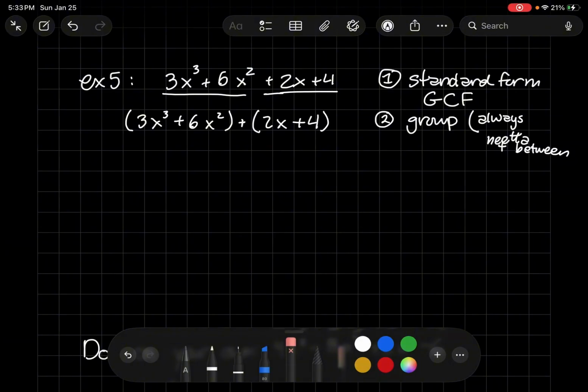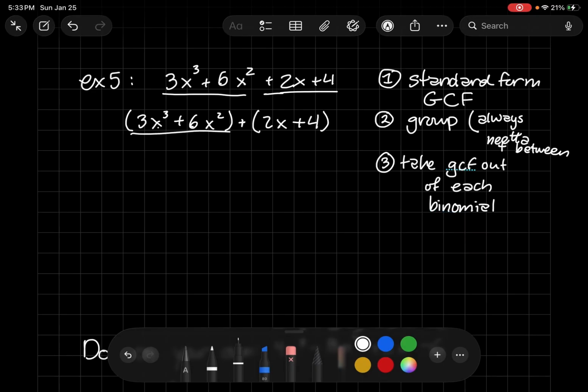Now we are going to take a greatest common factor out of each new binomial. Let's see what greatest common factor is in both 3x cubed and 6x squared.